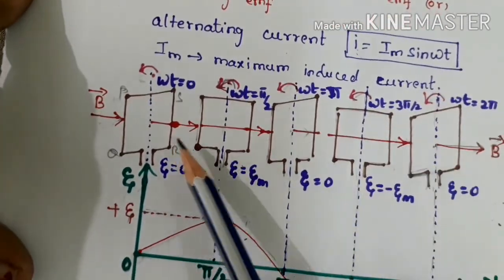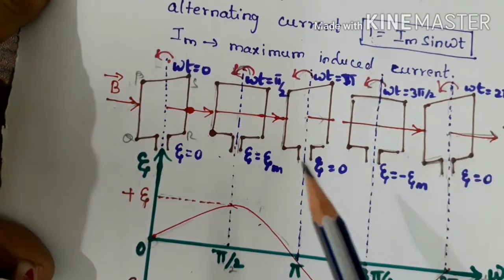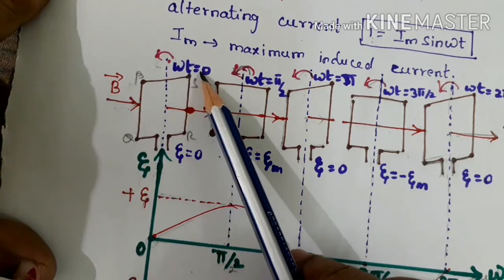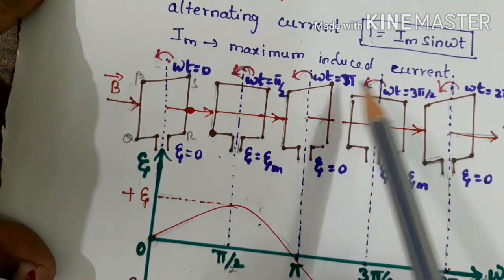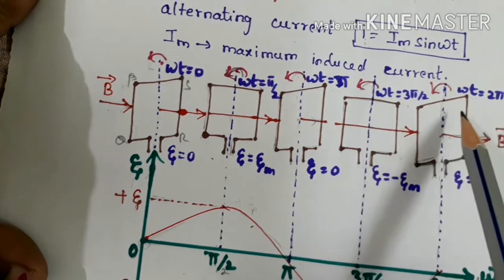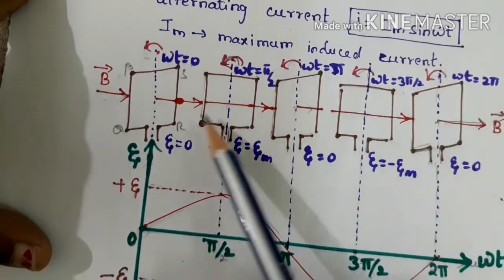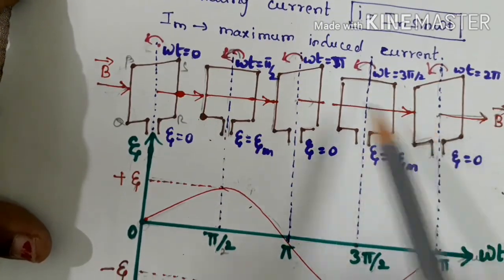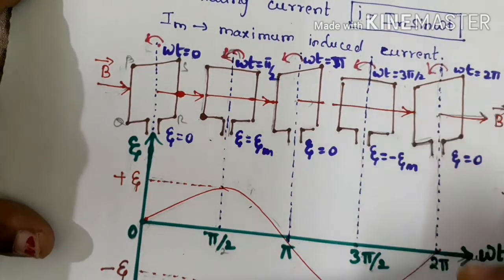I told you, these are the 5 different positions of the coil. This is the position where the angle is 0, this is 90 degree, this will be 180 degree, 270 degree, and this will be 360 degree. While drawing this diagram, below these 5 positions you draw the graph.